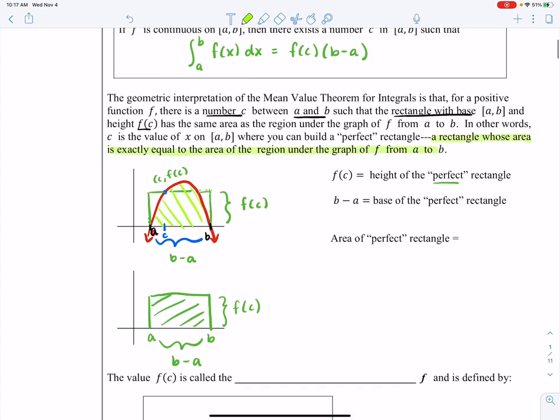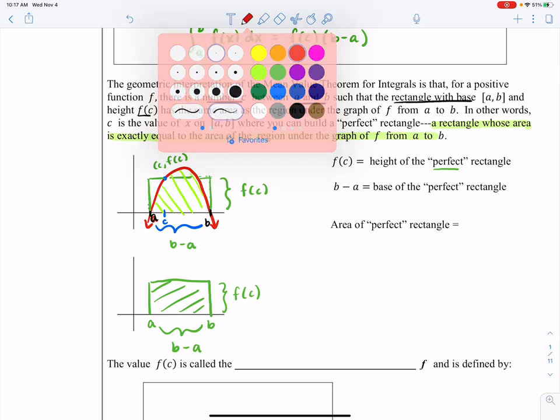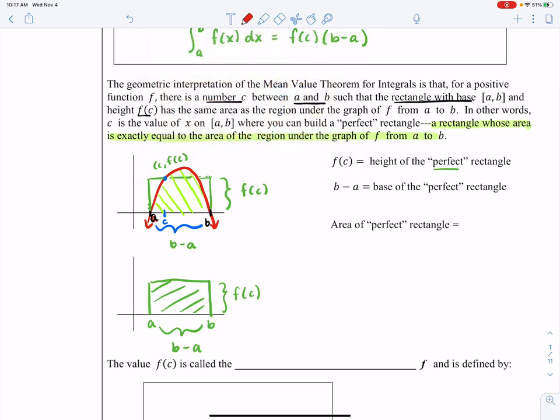So how do we find the area of a rectangle? We find the area of a rectangle by multiplying base times height. So f of c times b minus a. Well, how do we find the area under the curve? In this case, the area under our parabola, that's going to be the integral from a to b of my function.